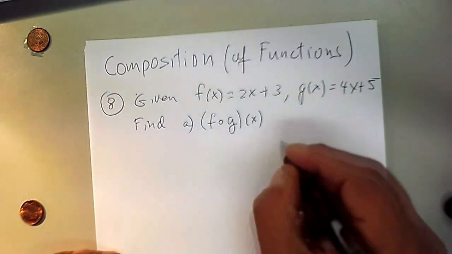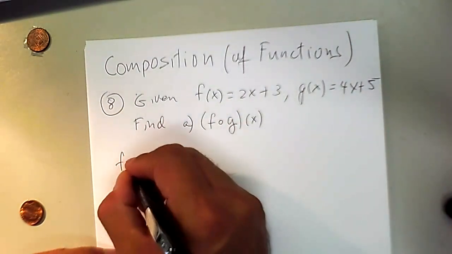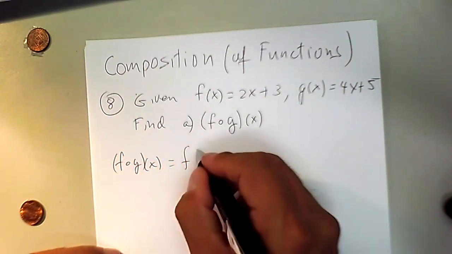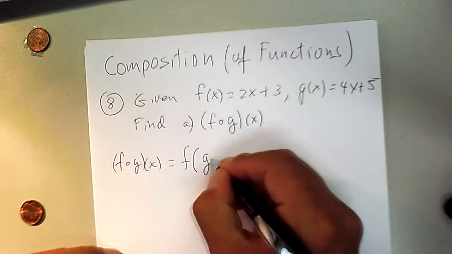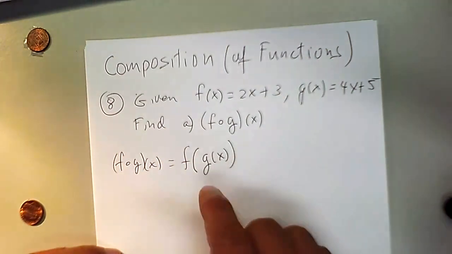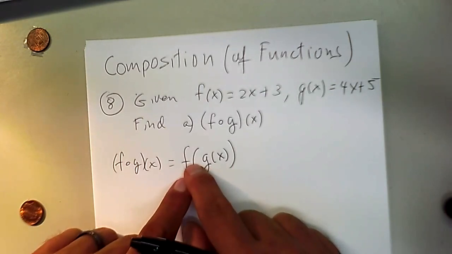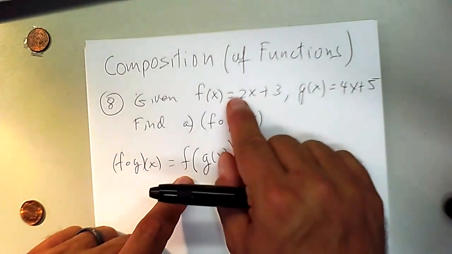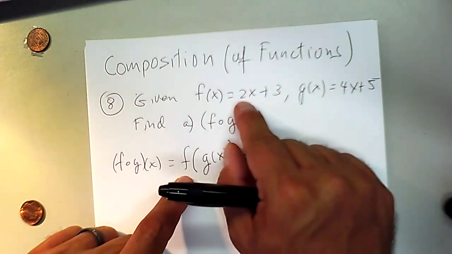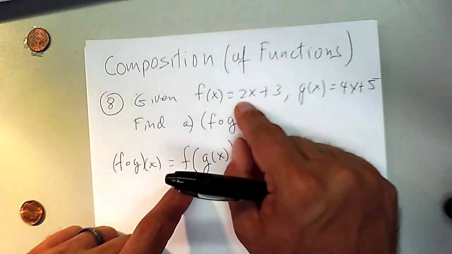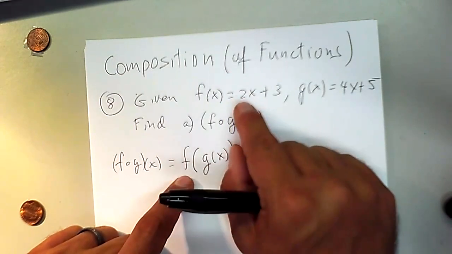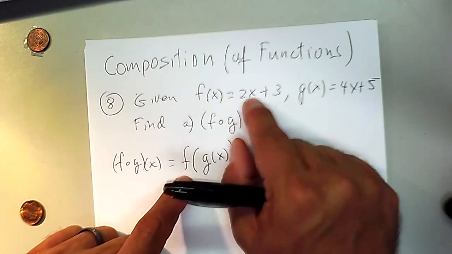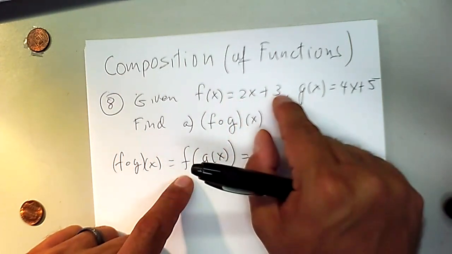All right. So by definition, f composed with g is f of g of x. So the input of f is going to be g itself. So f says take, and remember what the formula is about. The formula in this case tells us take whatever the input is, multiply it by 2, and add 3.